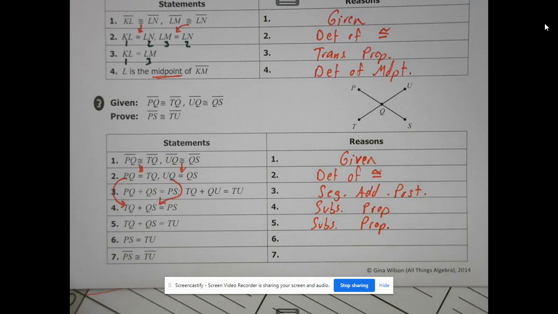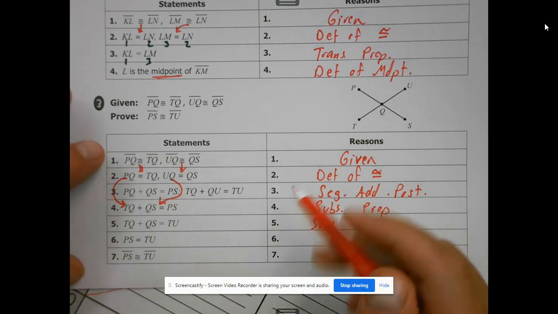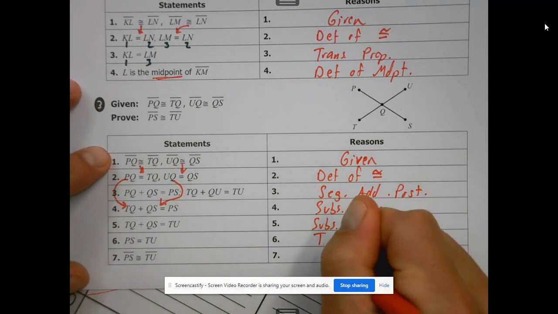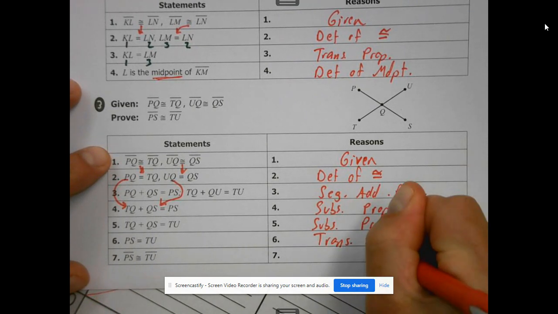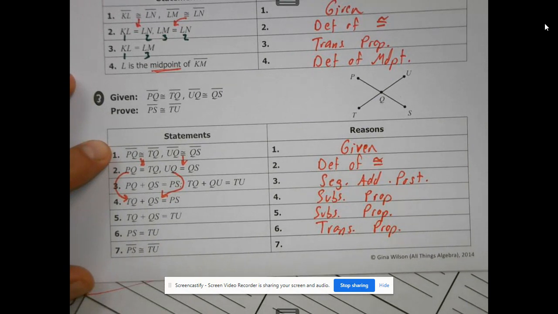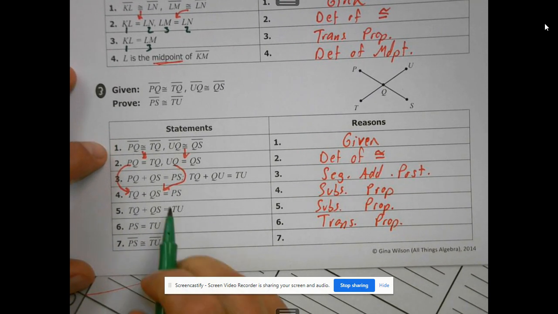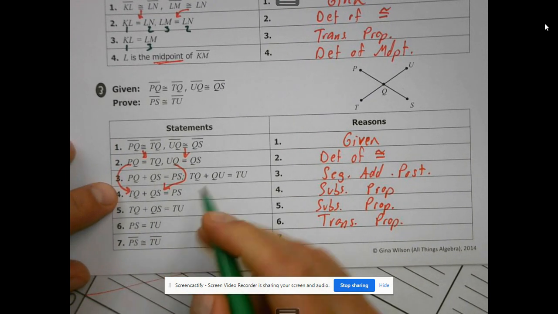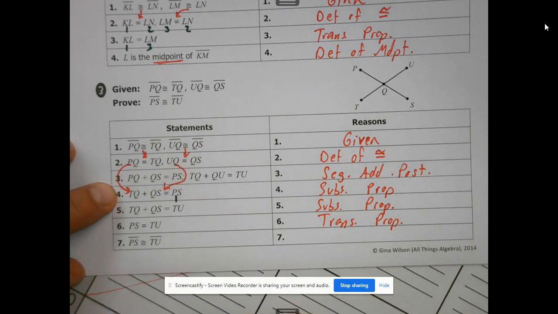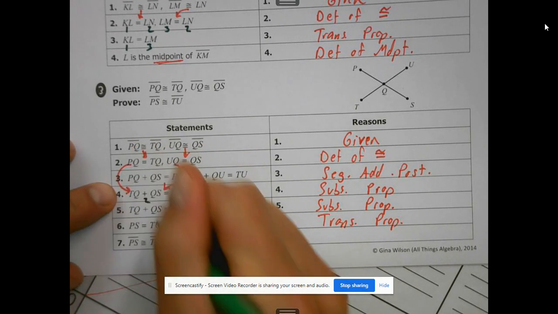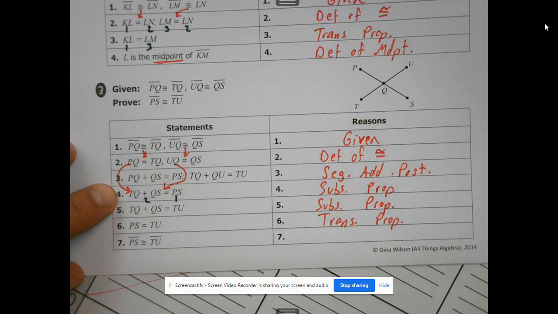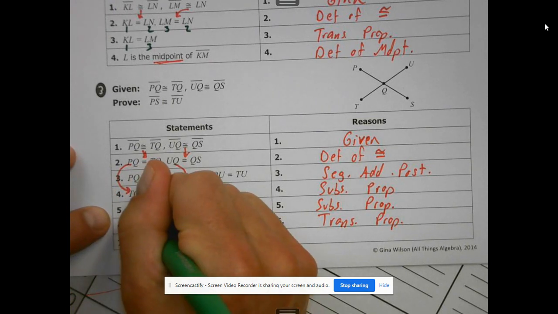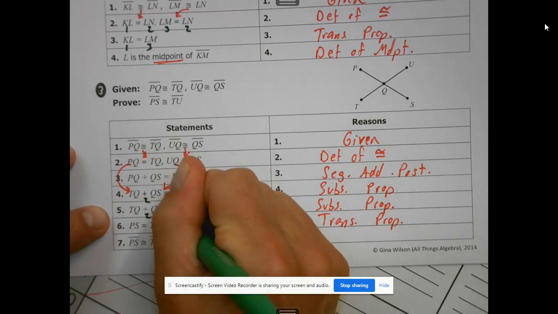Number 6. All right, I'm going to give you the reason, and I'll show you how I got transitive property. Back up top here, look at line 4. Let's call PS the 1, TQ plus QS a 2. Go down another line. TQ plus QS is still a 2.